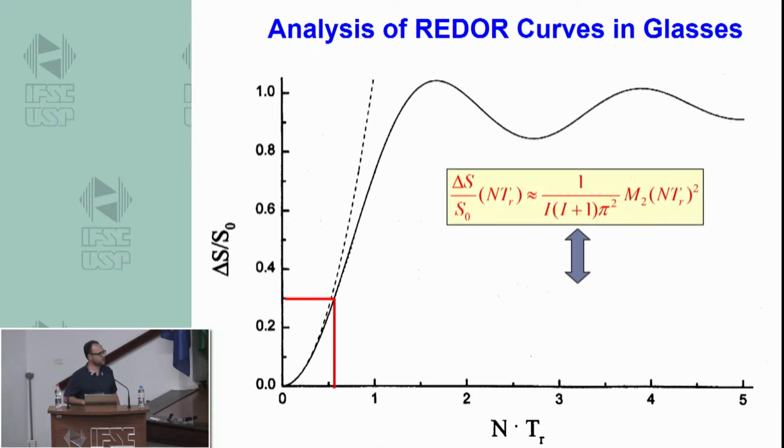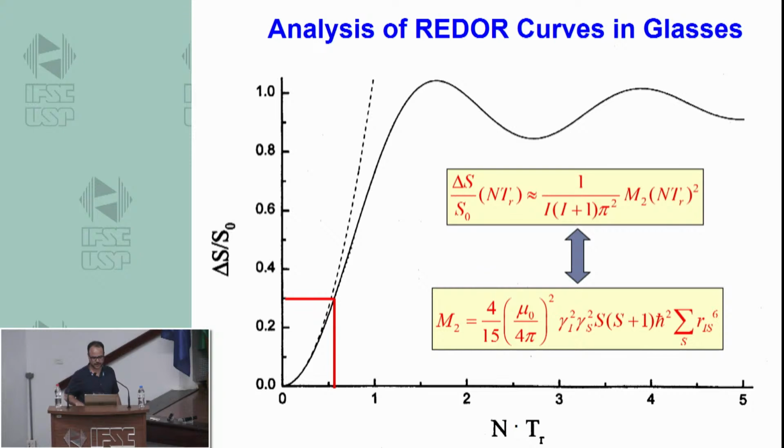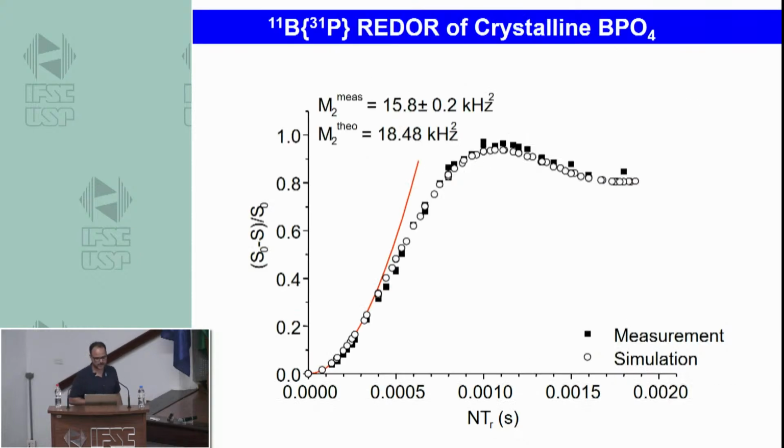And we can measure the intensity of this interaction by fitting a parabola to the beginning of the curve here. This parabola has as an argument the second moment, which gives average information about the dipolar coupling in our system that we can correlate with structure from this equation that I've shown two times already. And here is experimental data, for example, for the BPO4 crystalline compound.